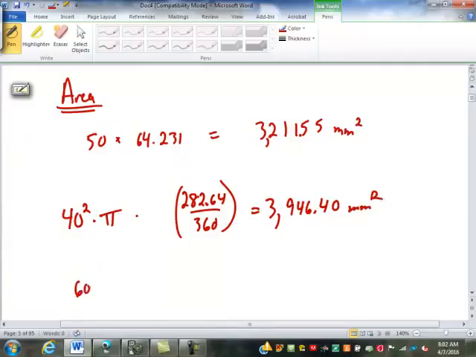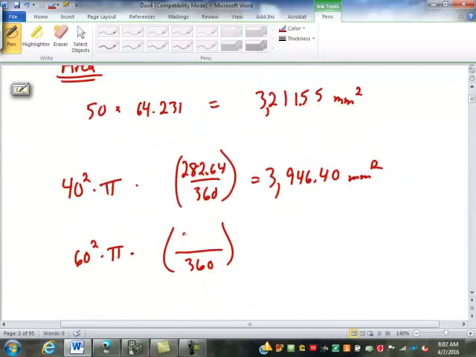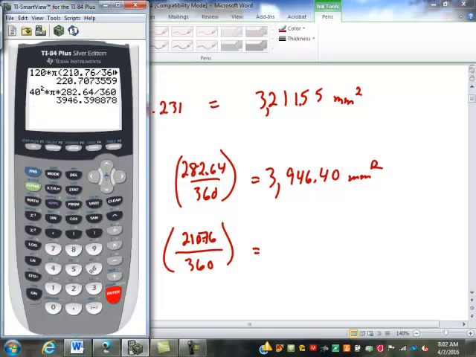And then I have 60 squared times pi times that angle over 360, which was 210.76, right? So 60 squared times pi times 210.76 over 360 is 6621.22.